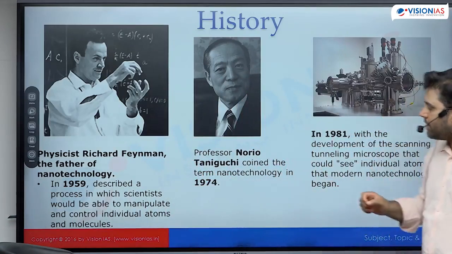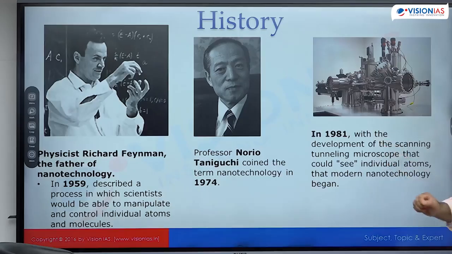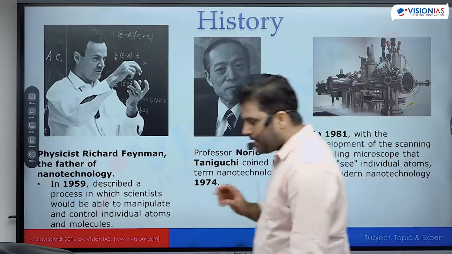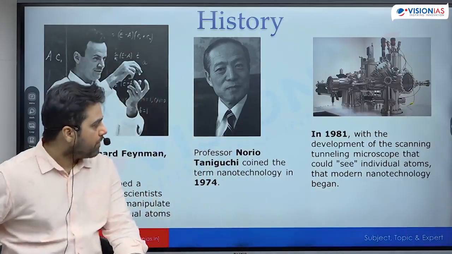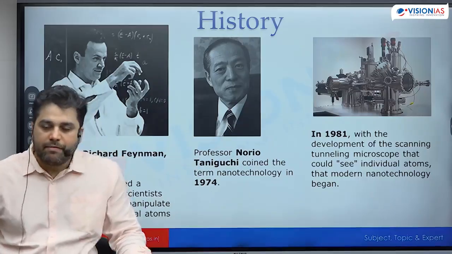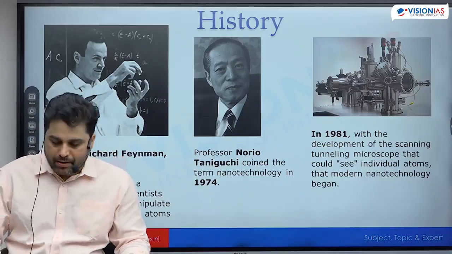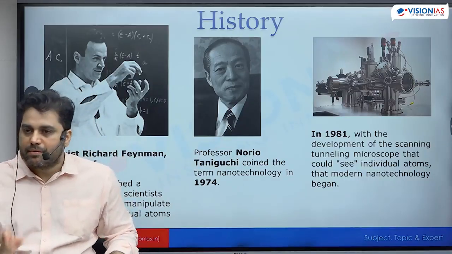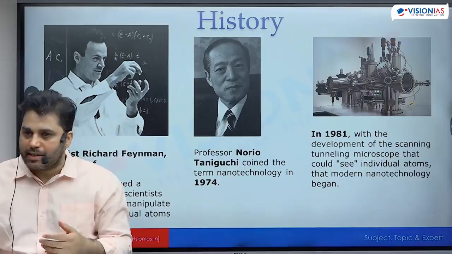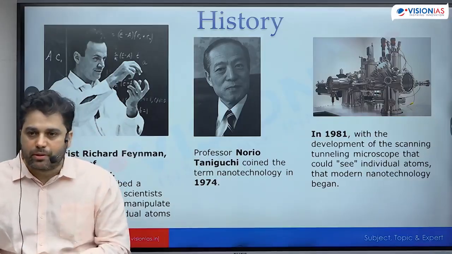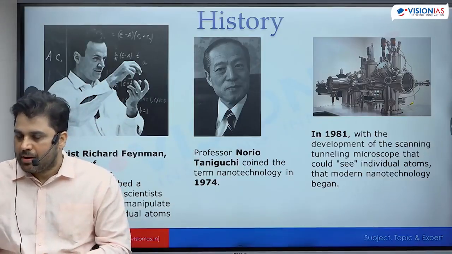The word nanotechnology was coined by a Japanese scientist, Norio Taniguchi, who used this term for the first time. But nanotechnology only took off with the development of a very famous type of microscope. In the last class, the previous module, I talked about telescopes. Telescopes look at very distant objects. Microscopes look at very small objects.